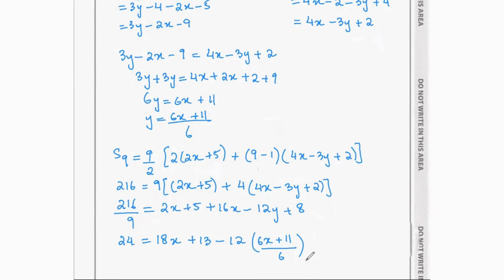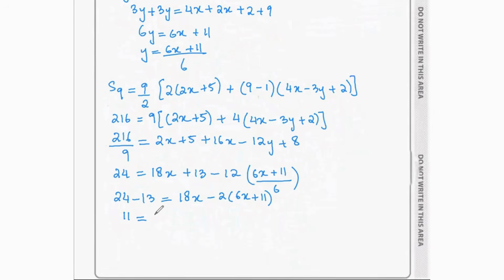Now let's simplify this. So 24 minus 13 equals 18x. 12 divided by 6 is 2, so negative 2 times 6x plus 11. That's 11 equals 18x minus 12x minus 22. 11 plus 22 equals 6x. 33 equals 6x, so that's 5.5 equals x.